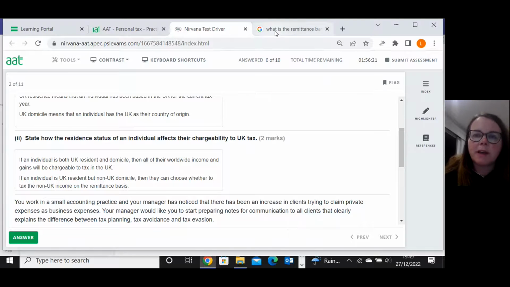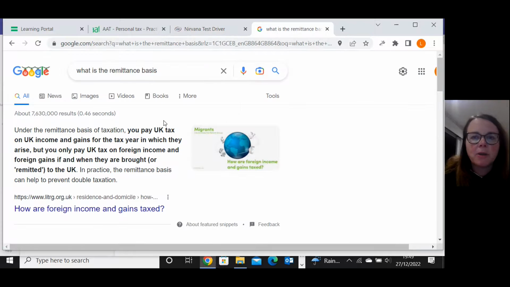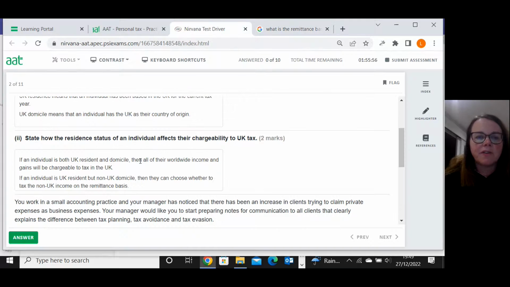I googled this just before I came on the video, so you might be thinking, well, what is the remittance basis? So you can see here, you pay UK tax on UK income and gains for the tax year in which they arise, but you only pay UK tax on foreign income and foreign gains if and when they are brought to the UK. So you have that choice if you are UK resident but non-UK domicile.